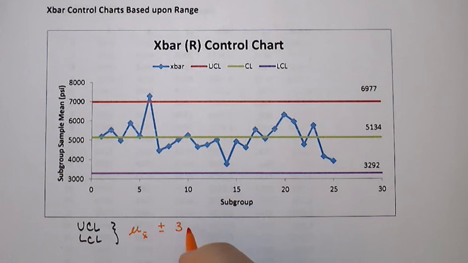That might be 3 sigma x bar in this particular case. Remember that for us, sigma x bar is sigma x over square root of n. Right? And our center line then, in general, is going to be located simply where our mean is.